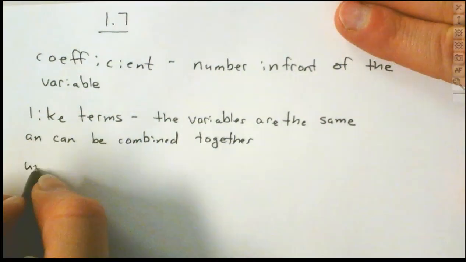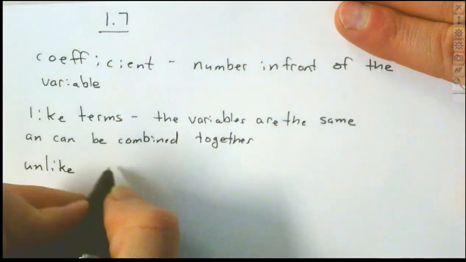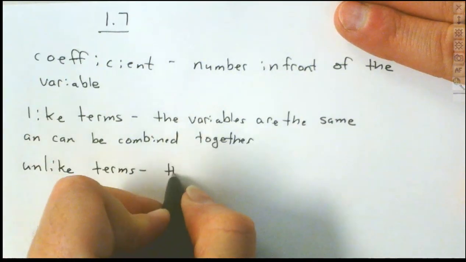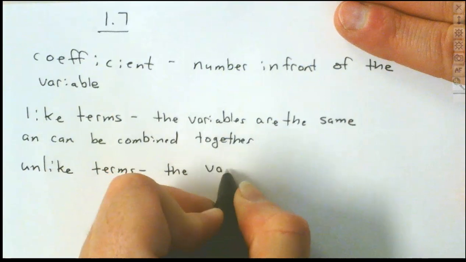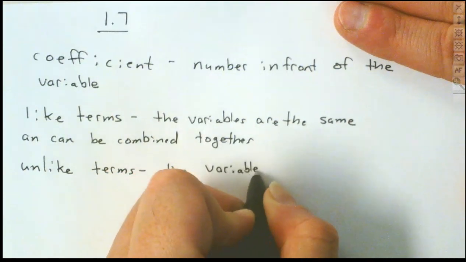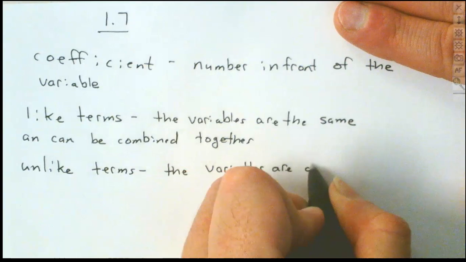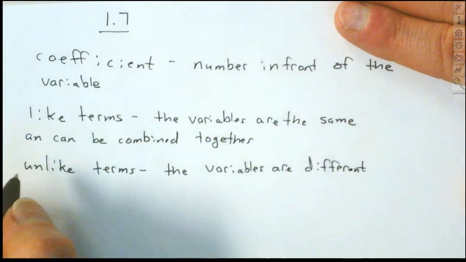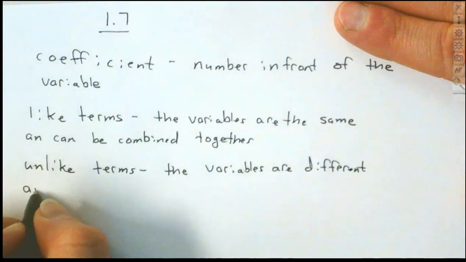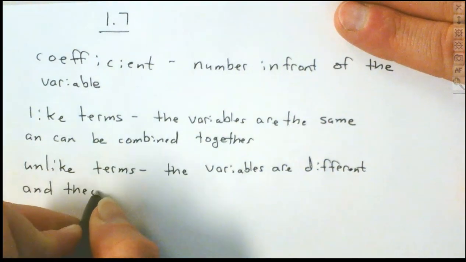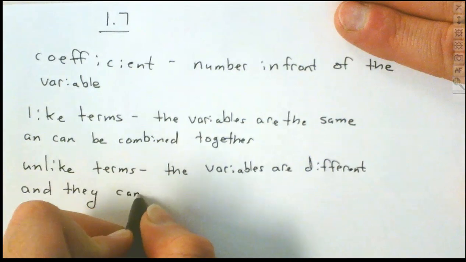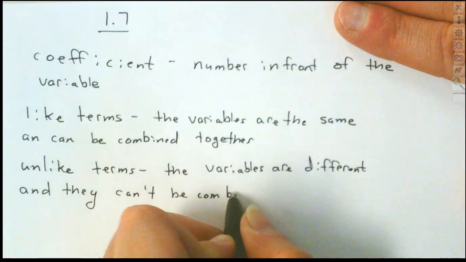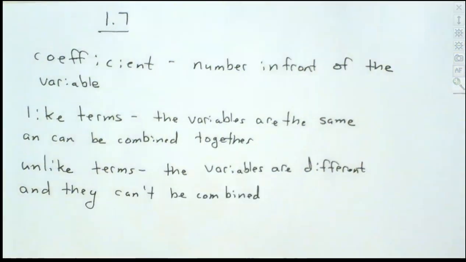Unlike terms are just the opposite. Unlike terms, the variables are different, and they cannot be combined together. And we'll look at examples here in a moment.